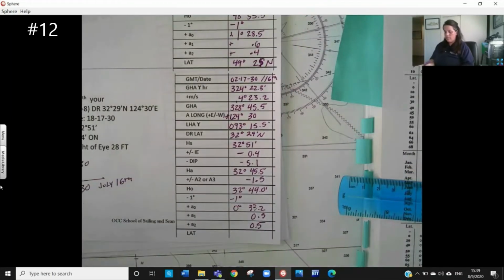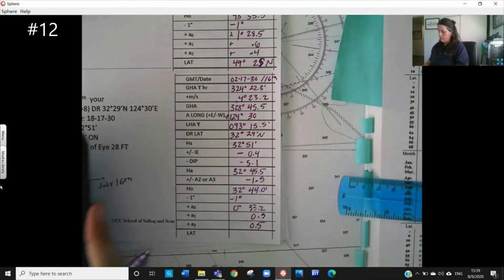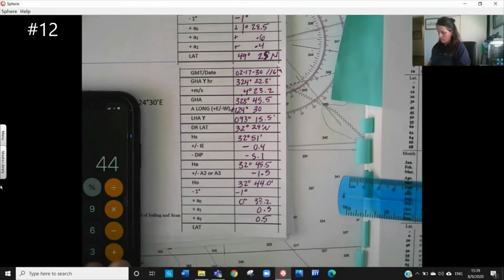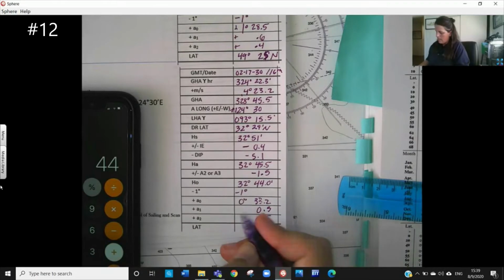Now we can apply these corrections. Plus, we're adding all of these.